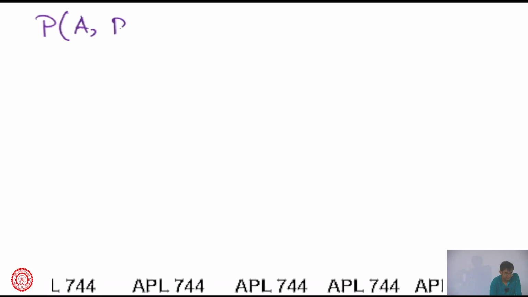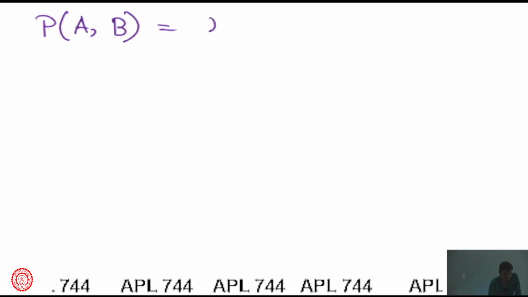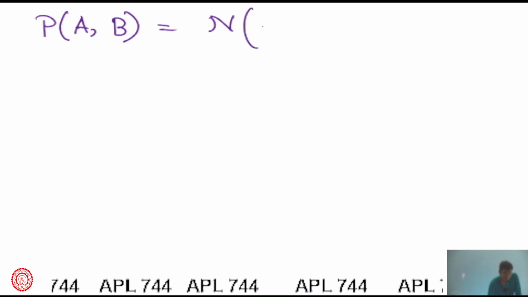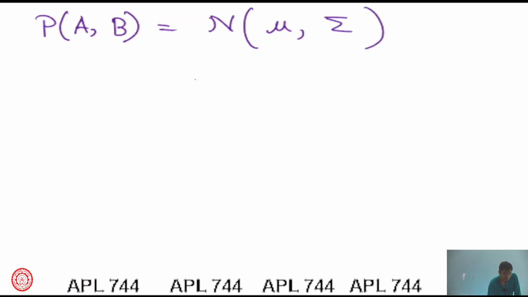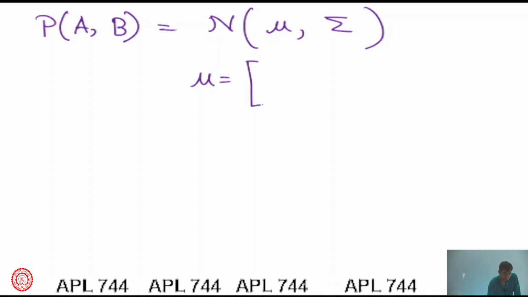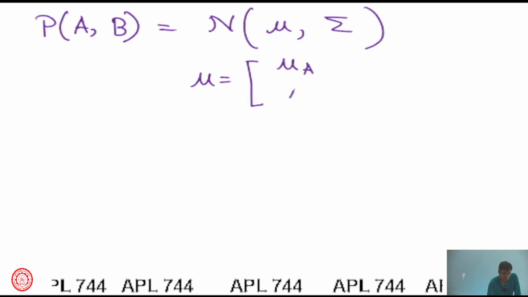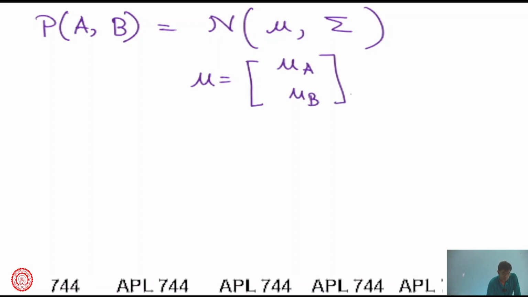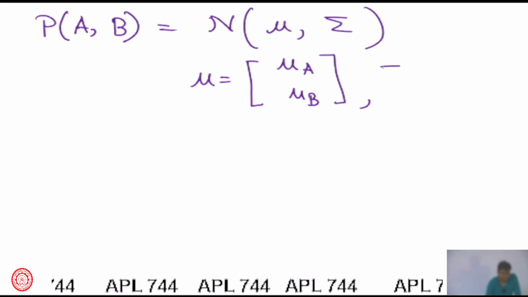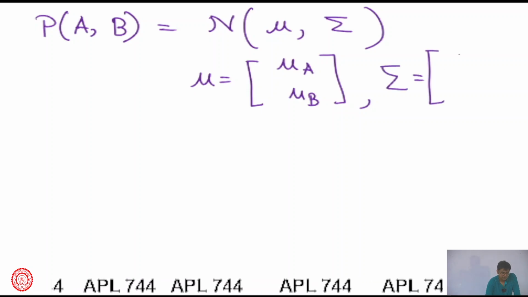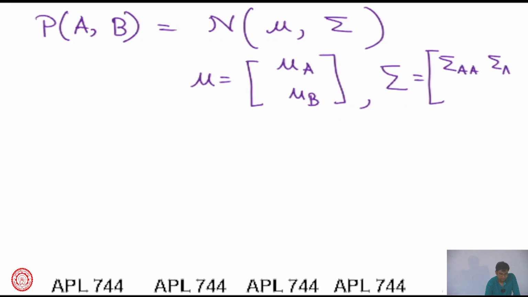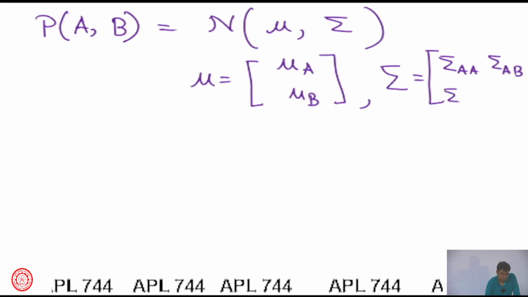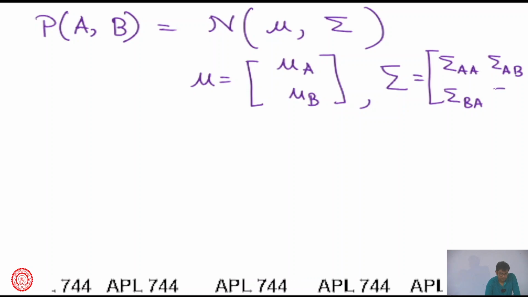The probability of A comma B is Gaussian with mu comma covariance, where mu looks like mu A, mu B, and the covariance looks like covariance of AA, covariance of AB, covariance of BA, right.